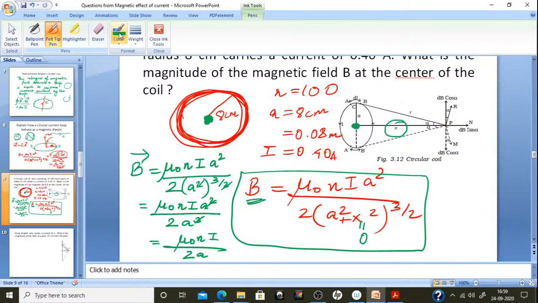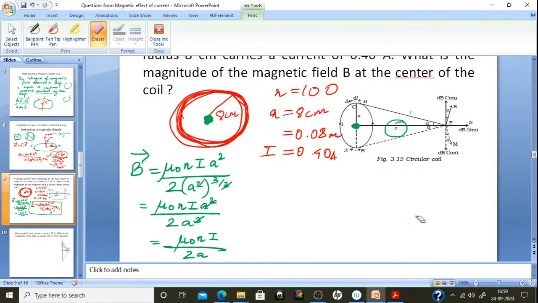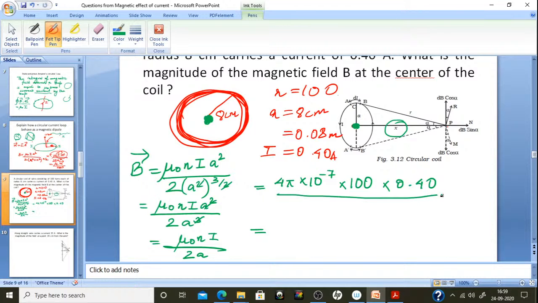Let me erase this part. So now what is mu naught? Mu naught I already told you, 4 pi into 10 to the power minus 7. N is the number of turns, given as 100. And now I is 0.40 divided by 2, and a, the radius, is 0.08.